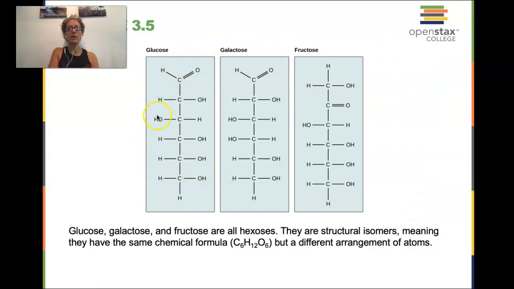Now we combine our previous mentions of isomers with our study of functional groups. So glucose, galactose, and fructose are all isomers. They are structural isomers because they have the exact same chemical formula of C6H12O6, but the atoms are arranged differently.